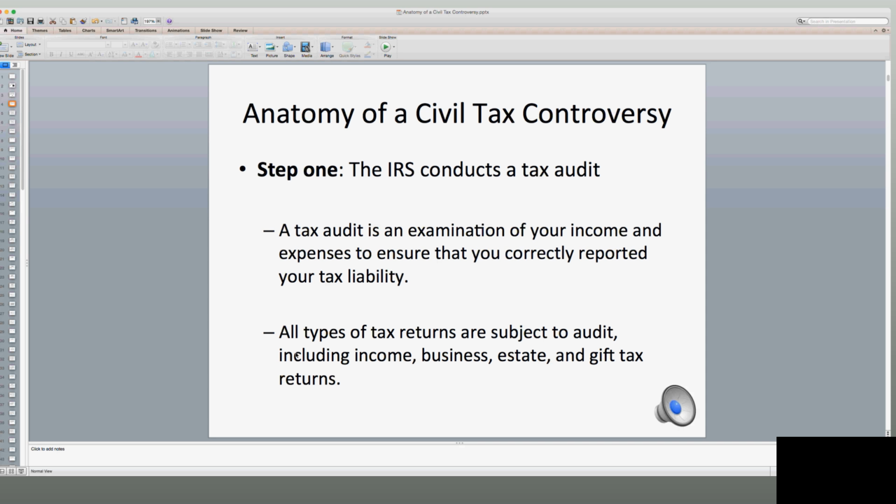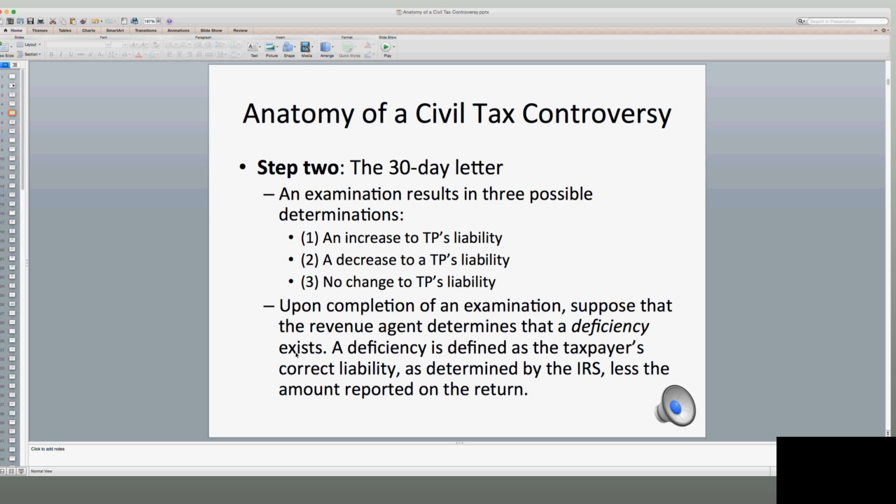All types of tax returns are subject to audit, whether it be income, business, estate, and gift tax returns. In step two, an examination results in three possible determinations, and here you see them listed. First is an increase in the taxpayer's liability. Second is a decrease to the taxpayer's liability, which rarely, if ever, happens. And third, no change whatsoever.